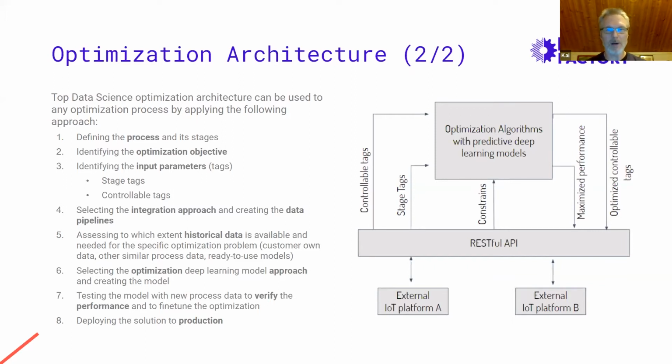That is a part of this RAMP architecture and platform. Then having access to and providing the historical data for model training and optimization is the key thing here.